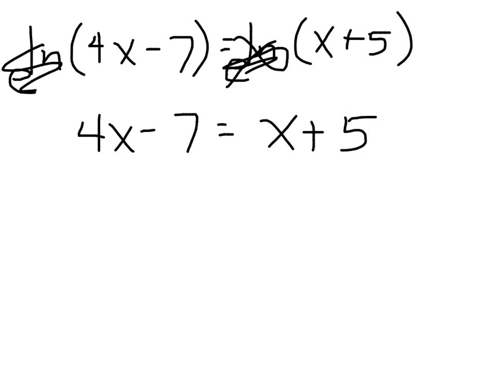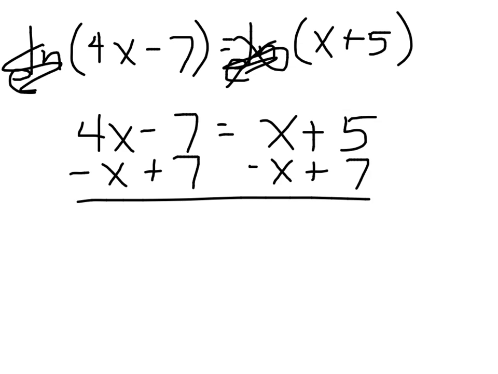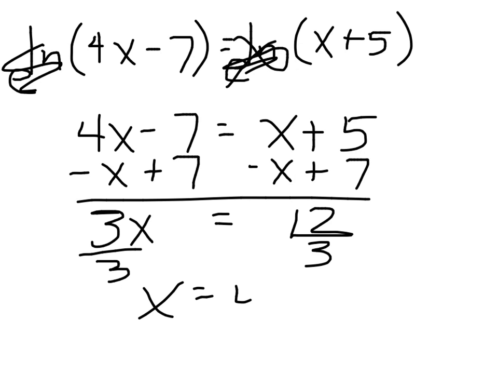So how do I solve it? Subtract x and add 7. I get 3x equals 12. Divide by 3 and x equals 4. What do you guys think? Not too bad? Awesome.